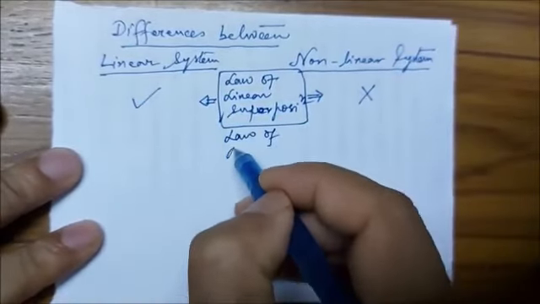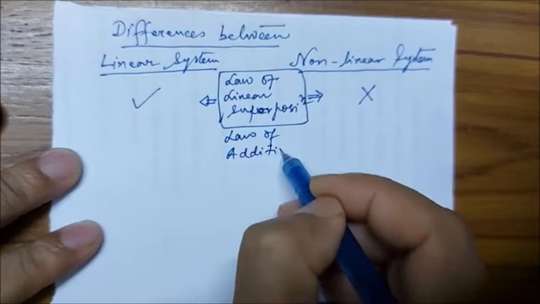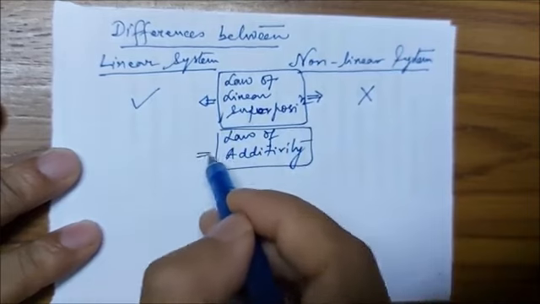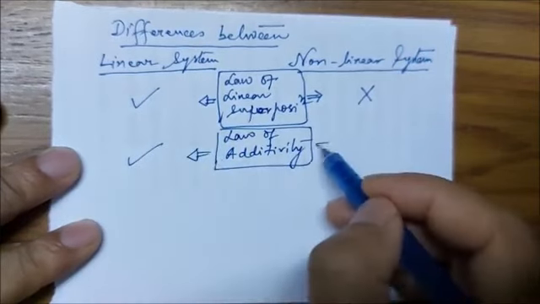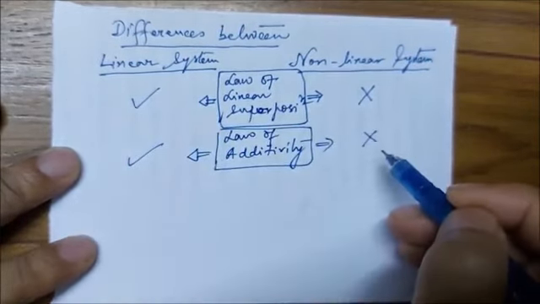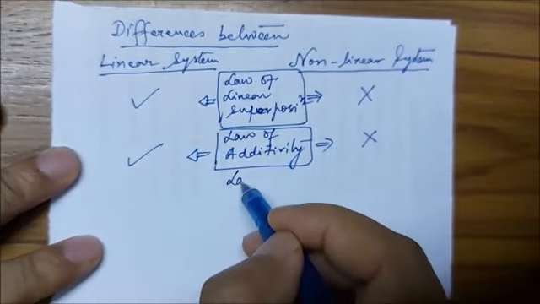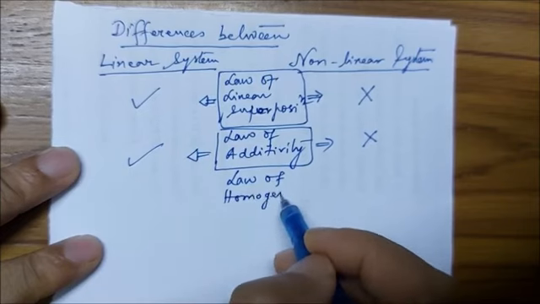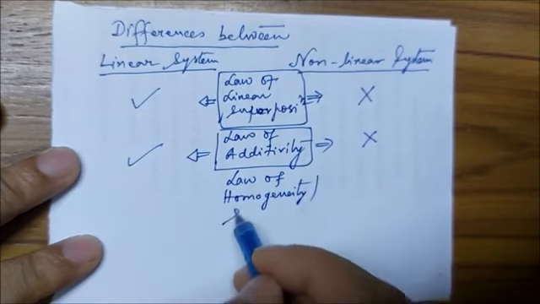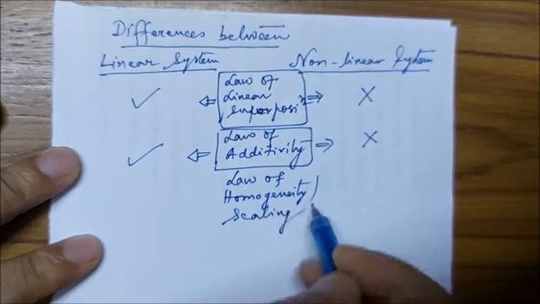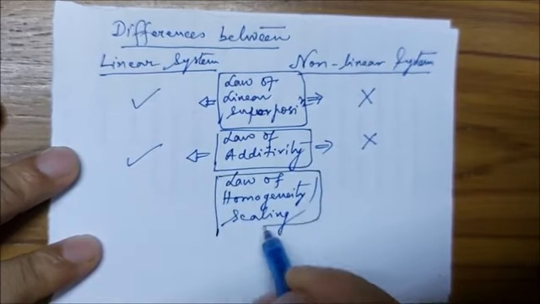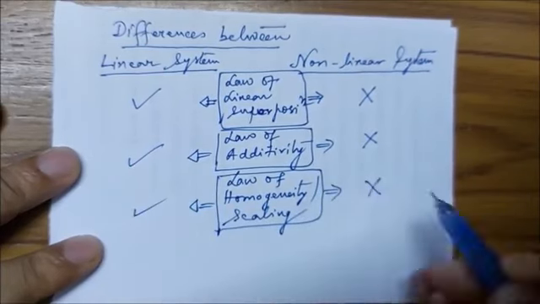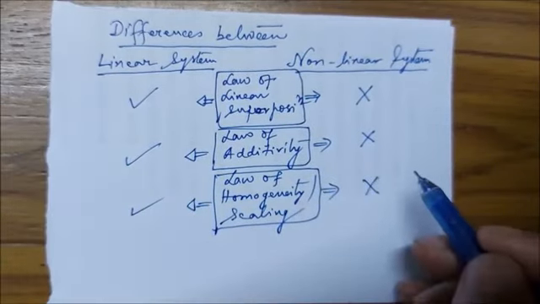Next, law of additivity. This is obeyed in a linear system but not obeyed in a non-linear system. Law of homogeneity or scaling. This is obeyed in a linear system. This is not obeyed in a non-linear system.